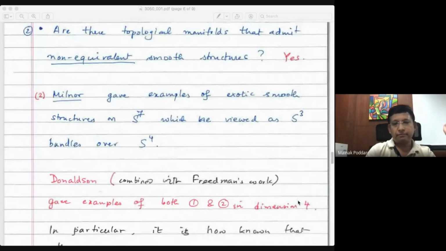Basically, two smooth manifolds are equivalent if you have an invertible C-infinity map from one to the other. And non-equivalent means that there does not exist any such invertible C-infinity map. Okay, thank you.